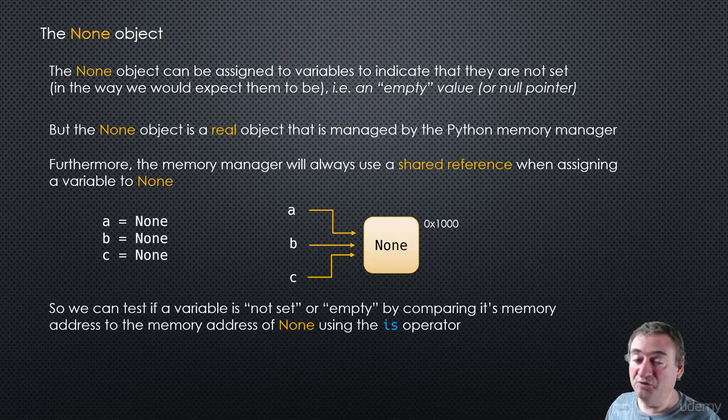So we can test if a variable is not set or empty by comparing its memory address to the memory address of None using the is operator. So we can test a is None, right? And so this is just something I wanted to point out now since we talked about the identity operator is, okay? So that will evaluate to true.